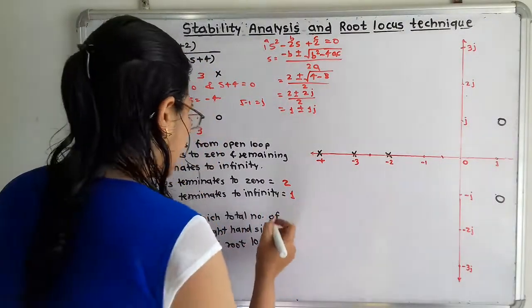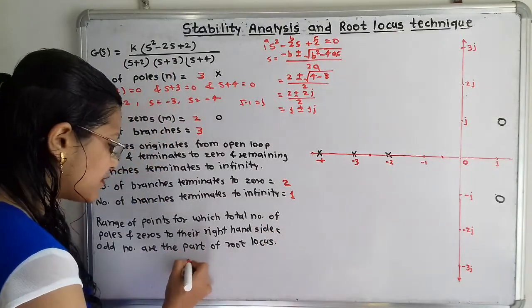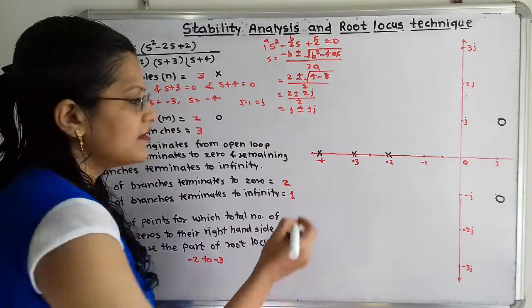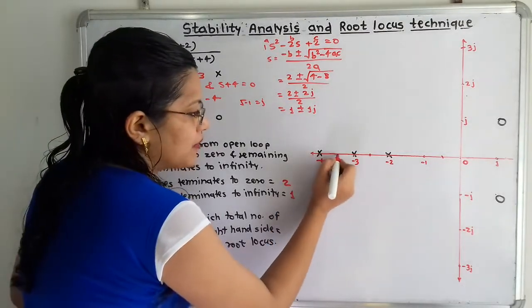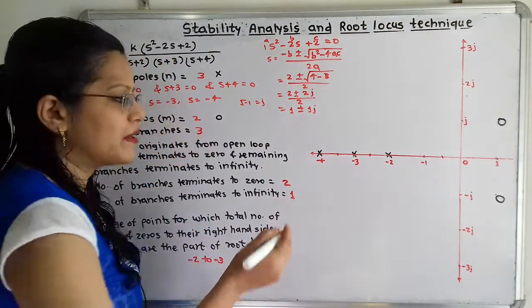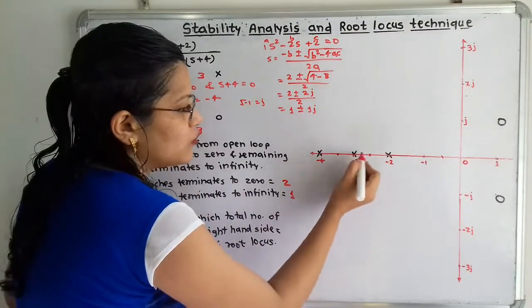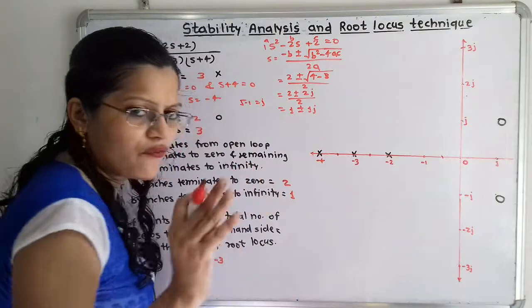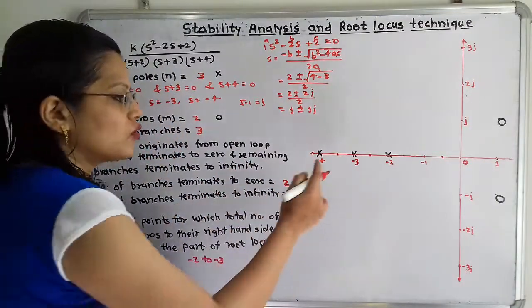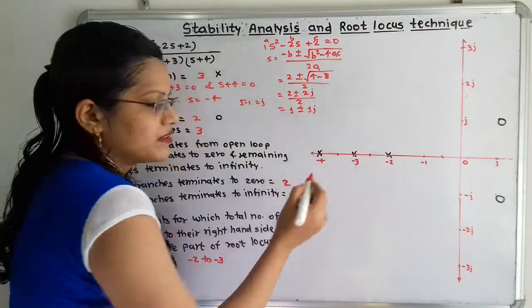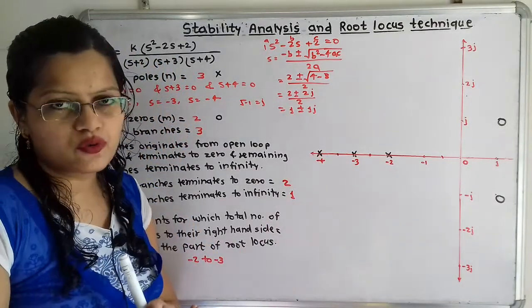So I will say that this is the range in between minus 2 and minus 3. Then we will move to minus 3 to minus 4. Suppose I take any random point. On its right hand side the total number of poles and zeros is 4, which is an even number. So the range of points in between minus 3 and minus 4 is not part of the root locus.